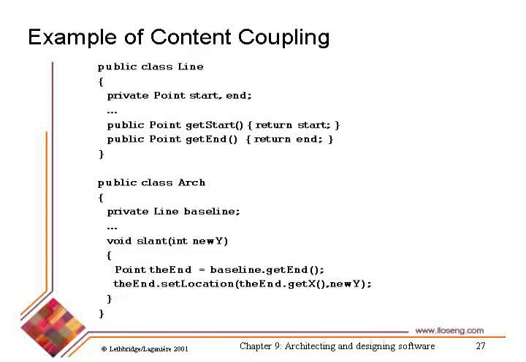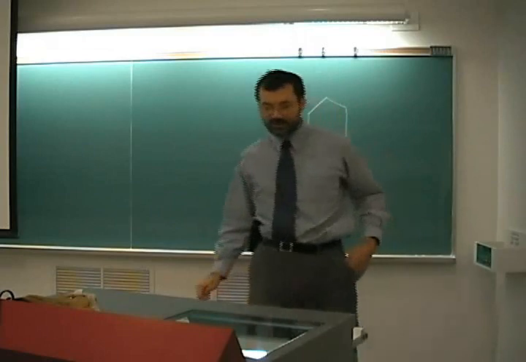These two classes here illustrate an interesting case. Let's take a look at them. We've got a class called line, which has a start and end point. And it's got public methods get start and get end. Straightforward enough. We've got a class called arch. An arch maybe looks like this, composed of a set of lines.